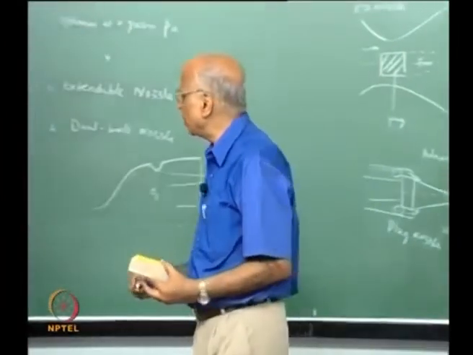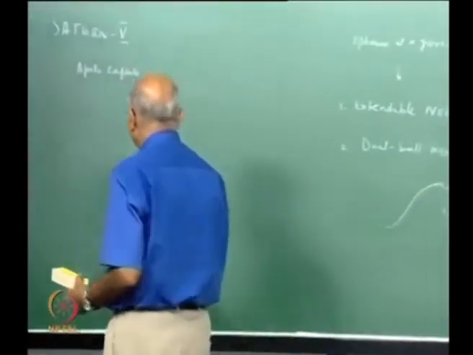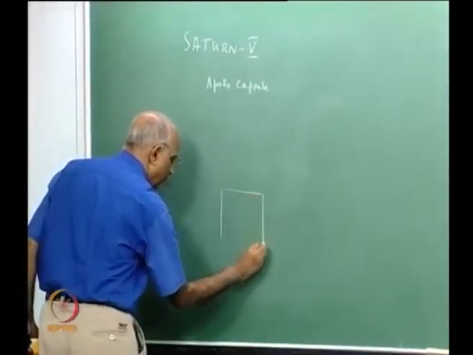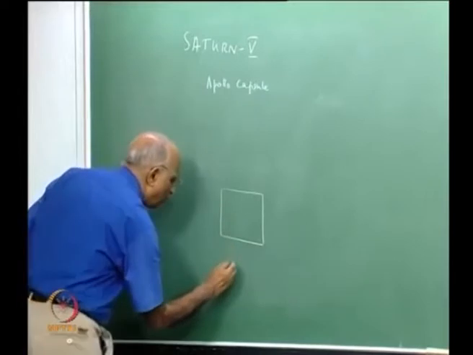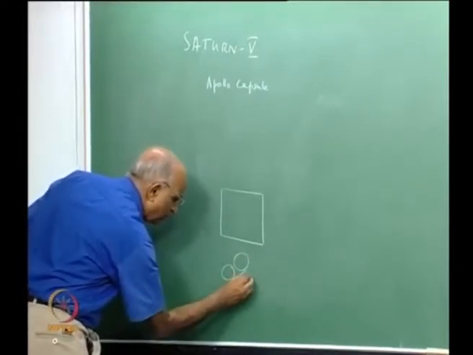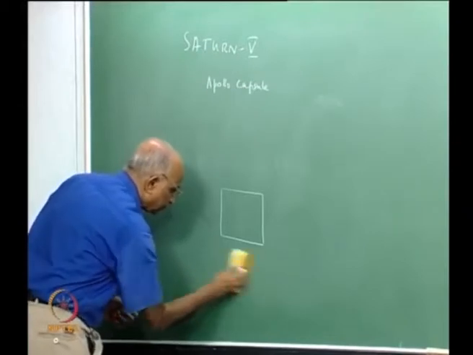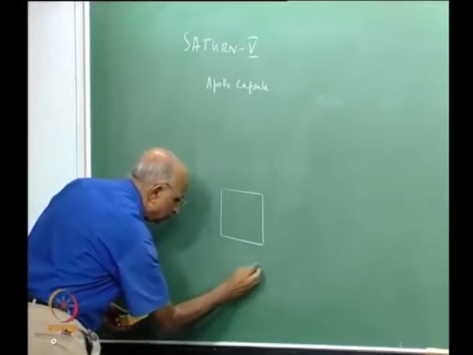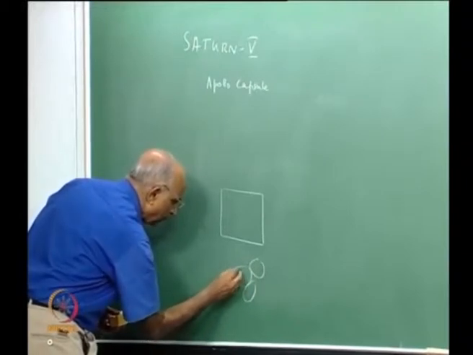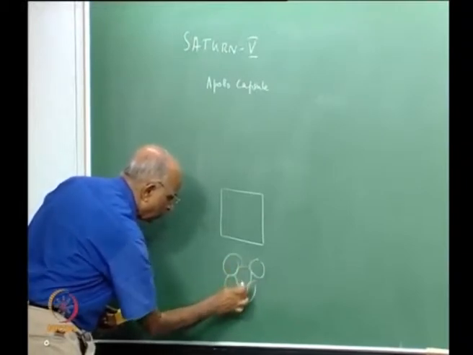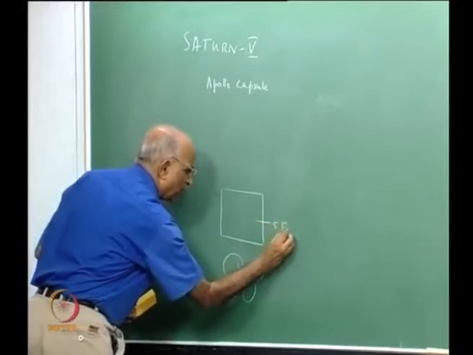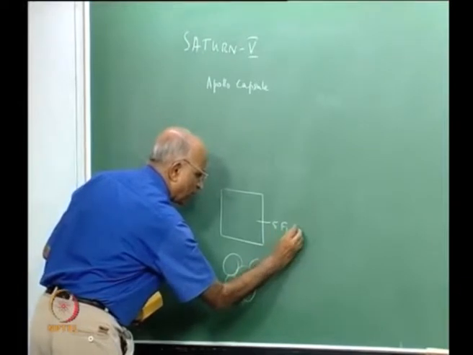Therefore, what is it we are talking of? The Saturn V rocket consists of the first stage, which consists of 5 F1 engines or 5 F1 rockets together.